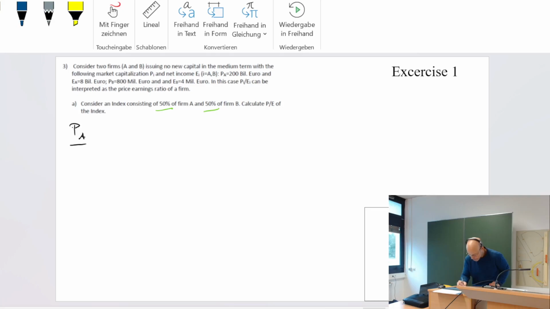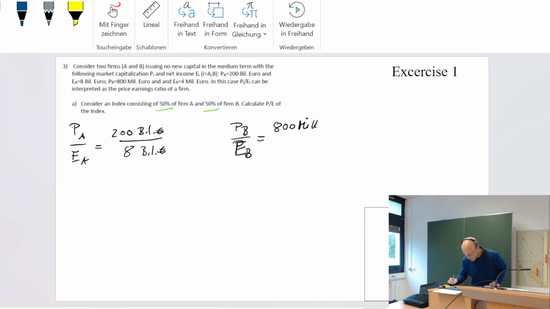PA over EA is 200 billion euros over 8 billion euros, and PB over EB is 800 million euros over 4 million euros.